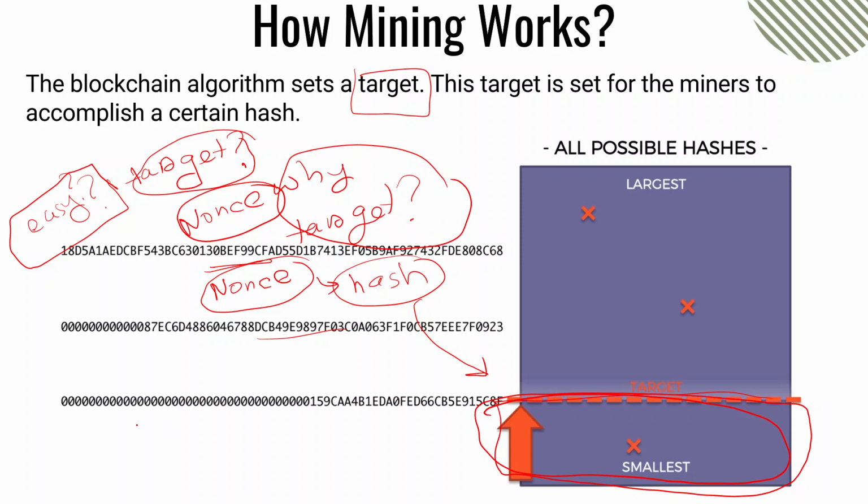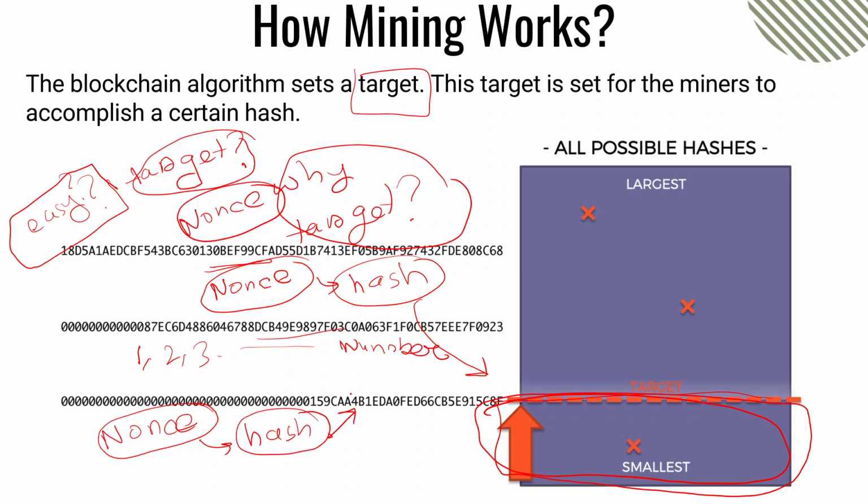First of all, a miner gets a particular nonce randomly. There is no sequence. He finds the nonce value, it can be 1, 2, 3, or any other number, and this nonce value generates the hash value and checks if it is greater than target, or less than target, or equal to target.